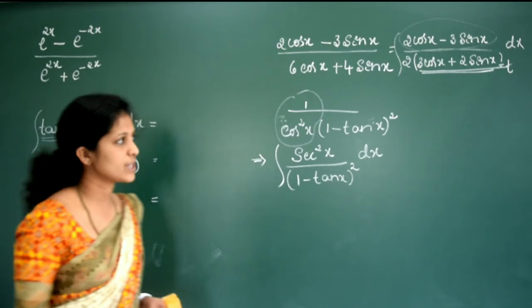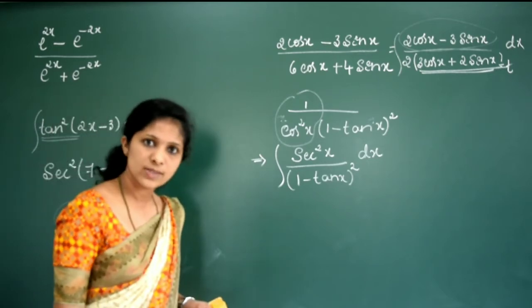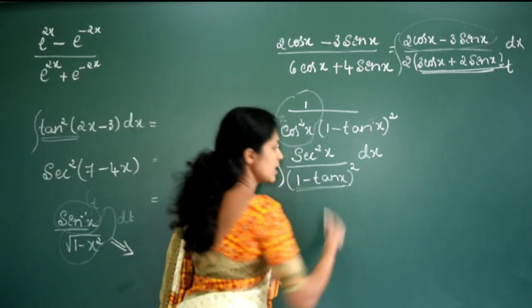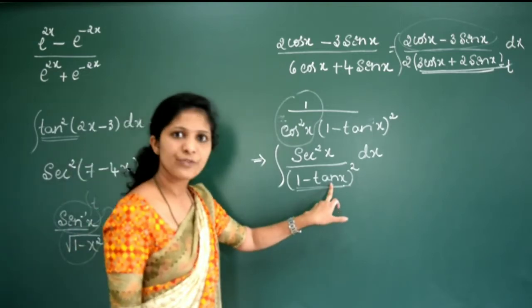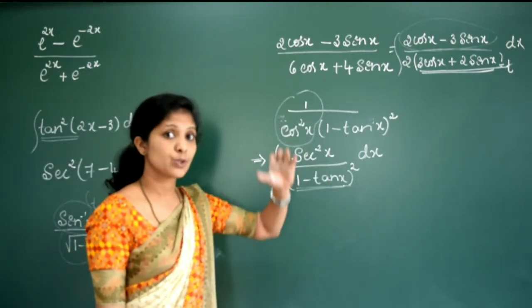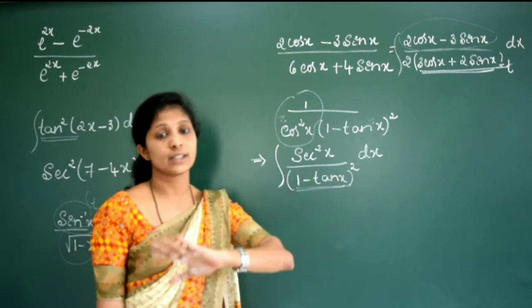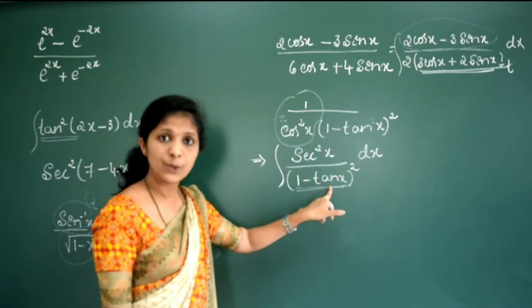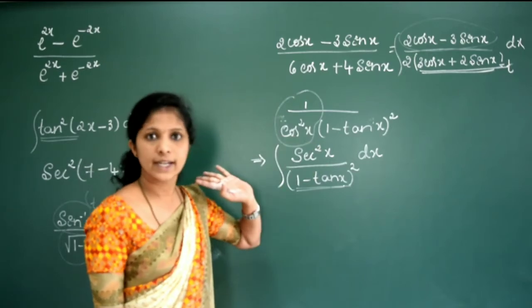Is it clear? I have written 1 by cos square as secant square. Now give the substitution for this one, because you know that the derivative of tan x will be equal to secant square x. That's why I told you should be good in differentiation as well as integration. All the formulas you should remember. Derivative of tan x will be equal to secant square x.